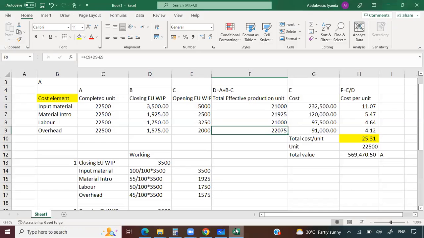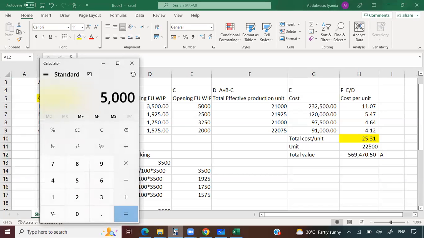And that is, say what now? 5,000 multiplied by 11.0. You have what? 55.